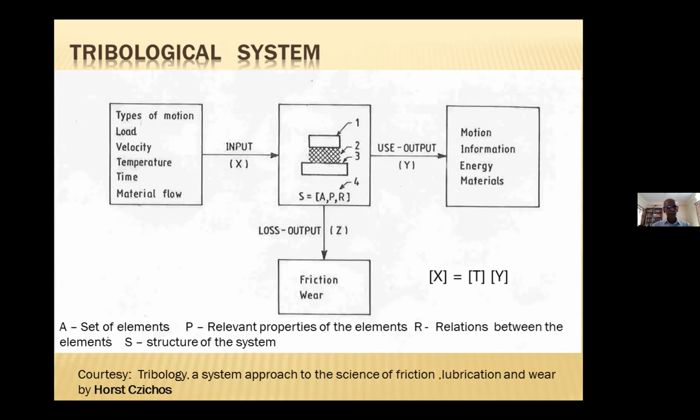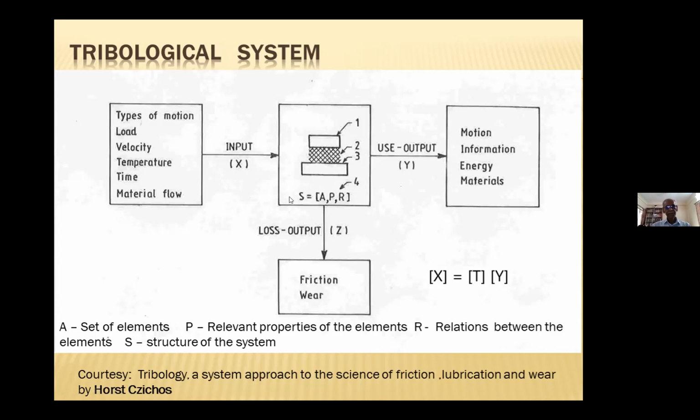This is what Professor Czichos thought of, making this tribological system a system analysis.